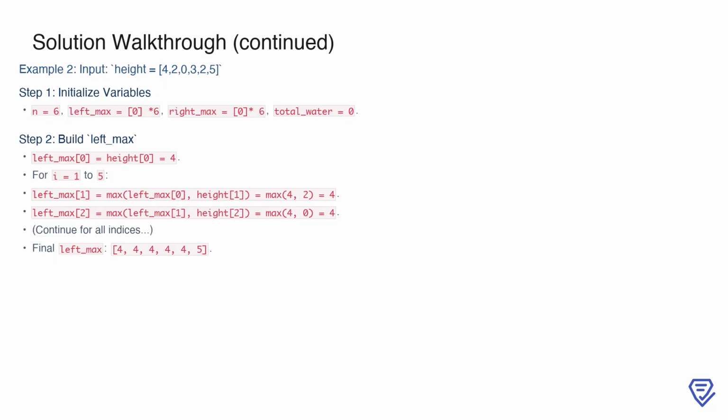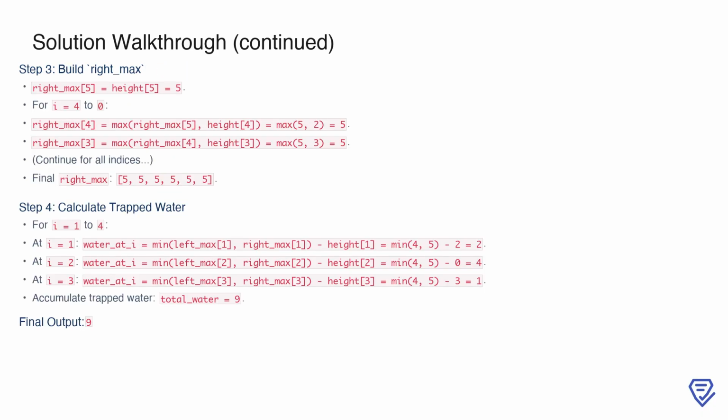For instance, at index 1, the maximum of left_max[0] and height[1] is 4, and at index 2, the maximum remains 4. This continues until the last index, resulting in the final left_max array 4, 4, 4, 4, 4, 5. With this array, we now have the maximum heights to the left of each index, which will be used in the calculation of trapped water.